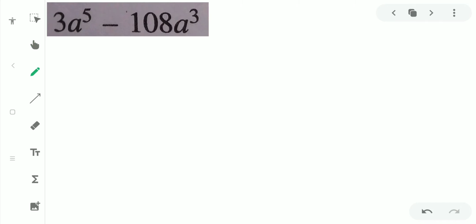So 3 and a power 5 is nothing but a cube into a square.